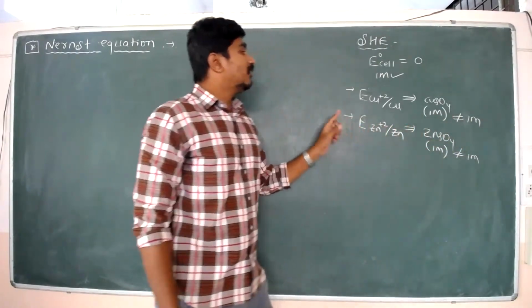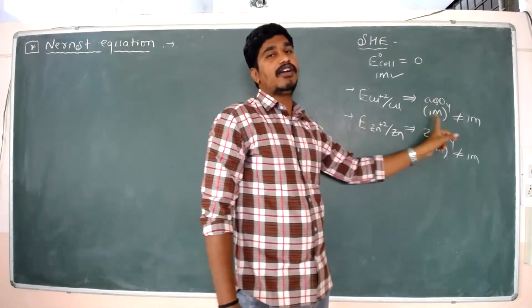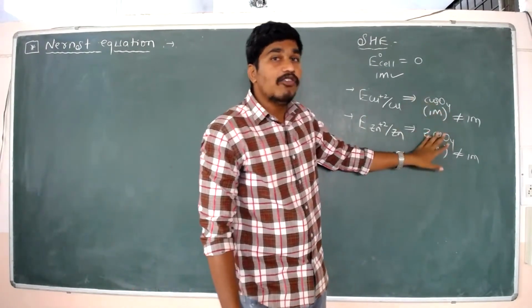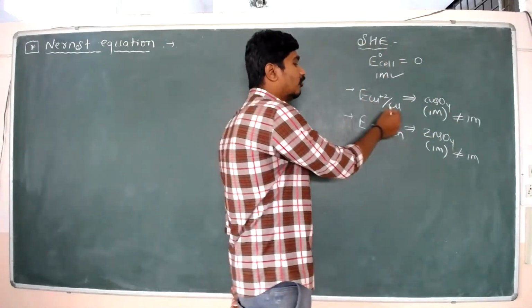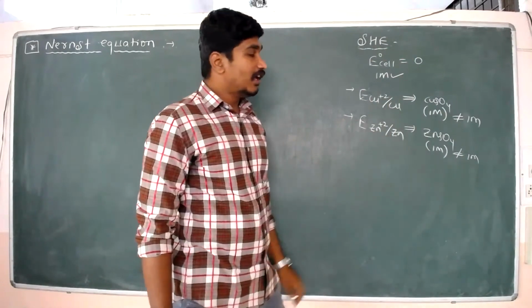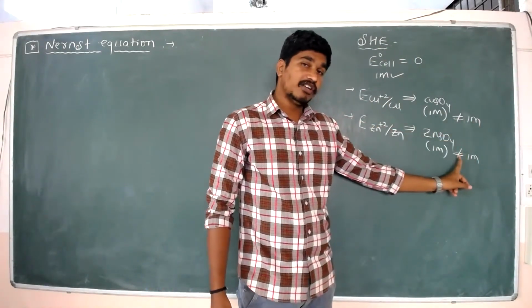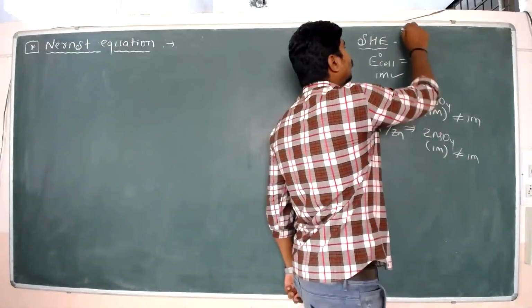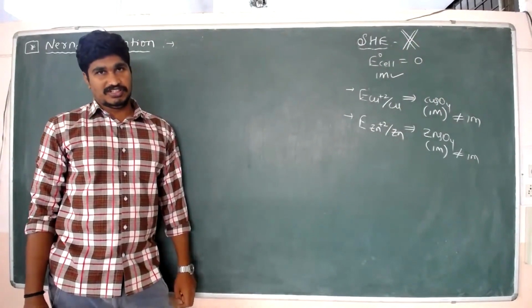Means when the concentration of all the ions present in the solution is 1 unit, then only we can use the standard hydrogen electrode for determining the electrode potentials. If the concentration is not equal to 1 M, we cannot use the standard hydrogen electrode for calculating the electrode potential.